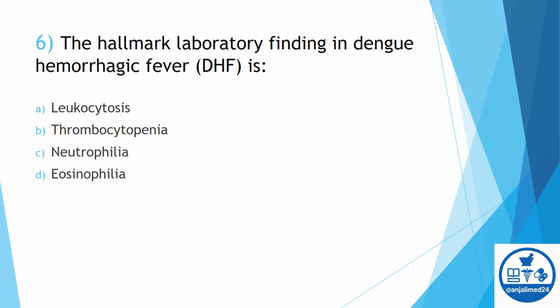This occurs because the virus suppresses bone marrow and destroys platelets through immune mechanisms. Another important feature is hemoconcentration, reflected as an increase in hematocrit by more than 20% due to plasma leakage from capillaries. So this is a hallmark laboratory finding for DHF.